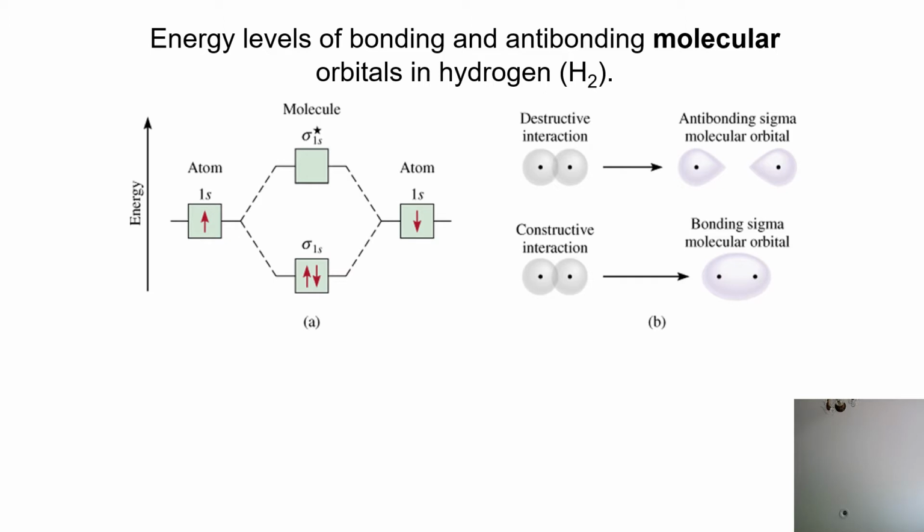So these are owned by the molecule, so to speak. In molecular orbital theory, pure s and p atomic orbitals in the molecule combine to produce orbitals that are spread out over the entire molecule. And these are the new molecular orbitals.